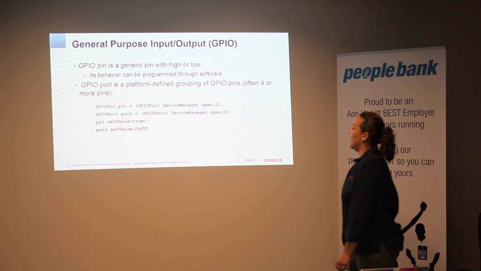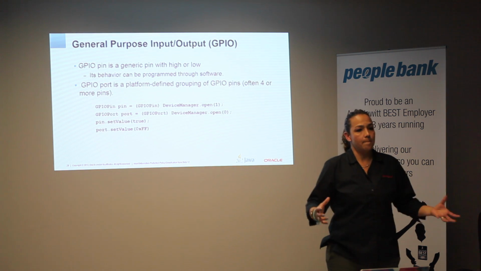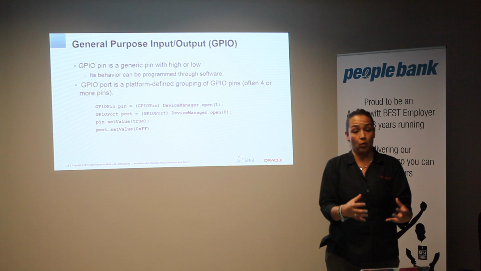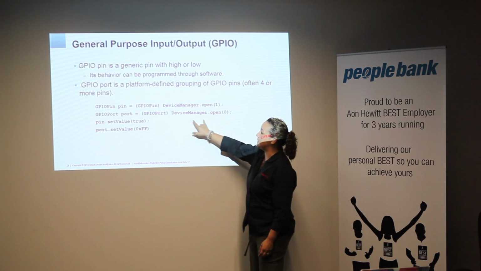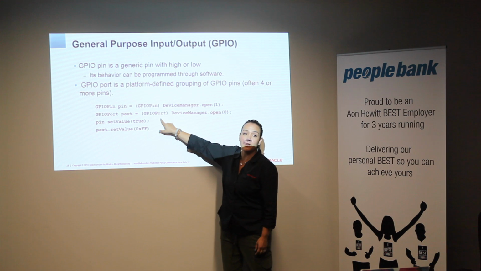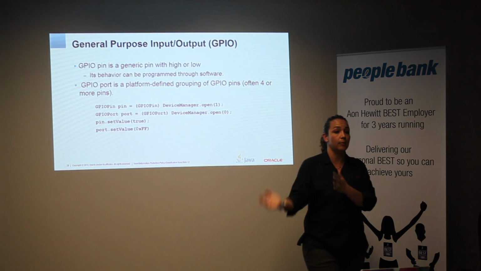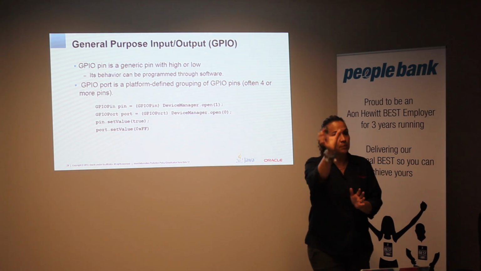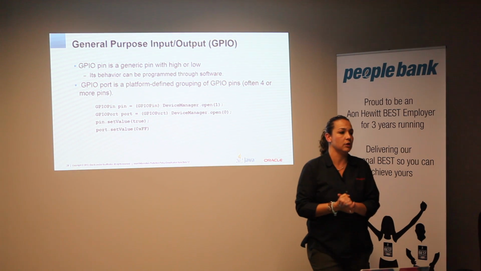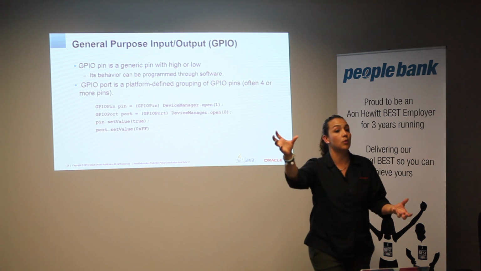Now, pins. Some platforms group the pins into ports, so you also have the possibility of managing the GPIO port. This is specific to the platform. For example, at the end of the documentation of the Raspberry Pi, you will see which pins are associated with ports. I know, for example, GPIO 17 is associated with port 0.